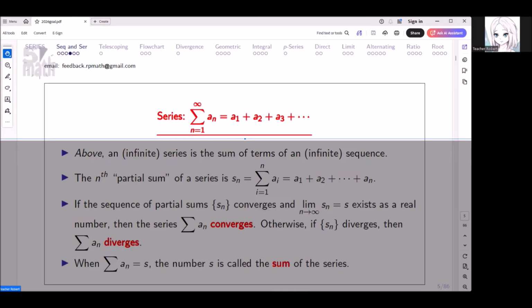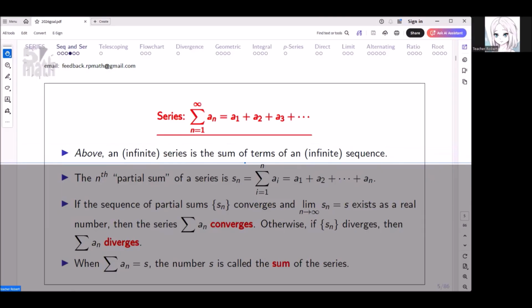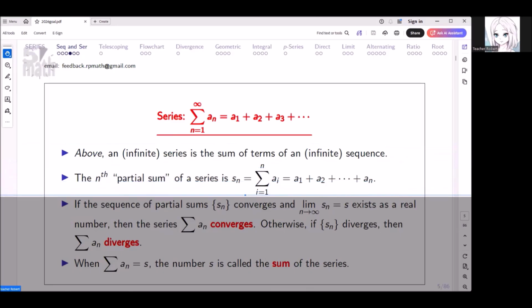Series: the sum from n equals 1 to infinity of an equals a1 plus a2 plus a3 plus and so on. Above, an infinite series is the sum of terms of an infinite sequence. The nth partial sum of a series is Sn equals this.